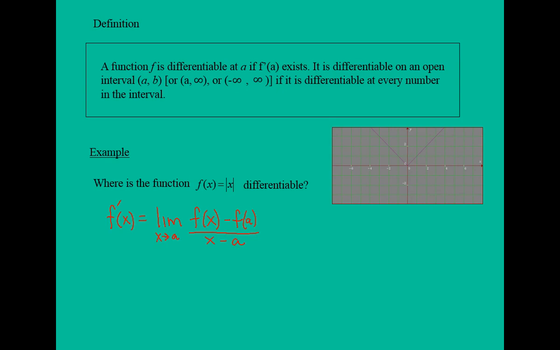Now let's plug in our f of x. So f of x is the absolute value of x, and we're trying to determine if this is differentiable at 0. So that would be the absolute value of x minus 0 all over x minus 0 as x approaches 0, which simplifies to the limit of the absolute value of x divided by x as x approaches 0.